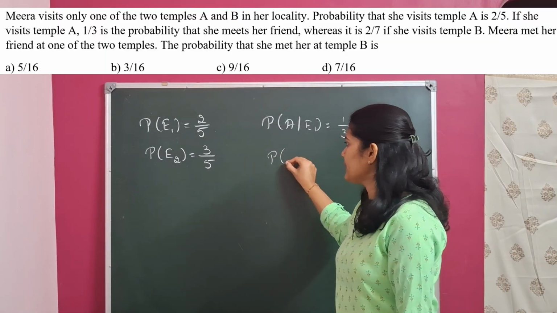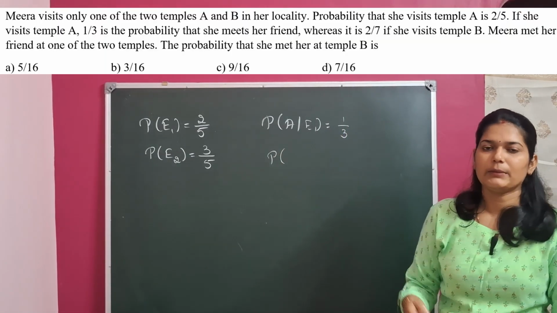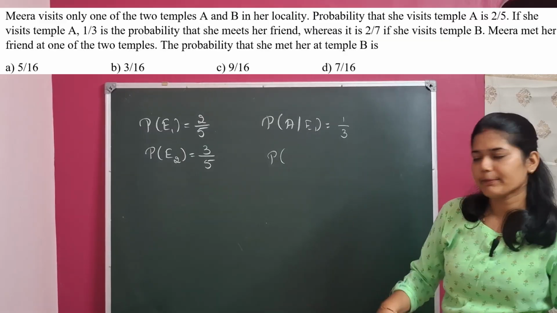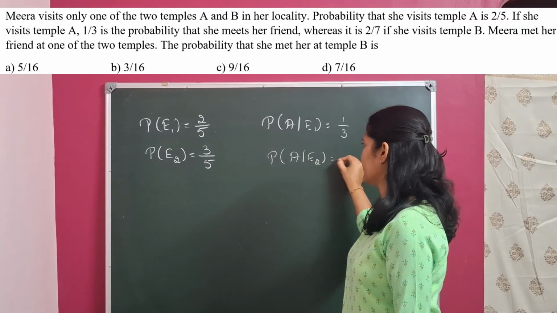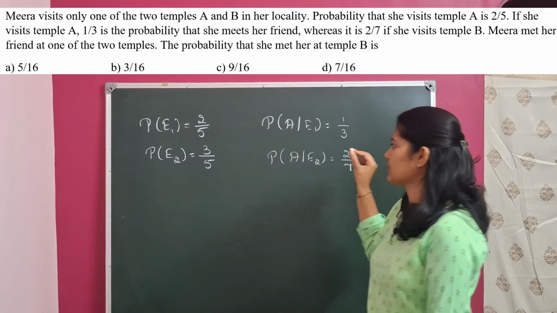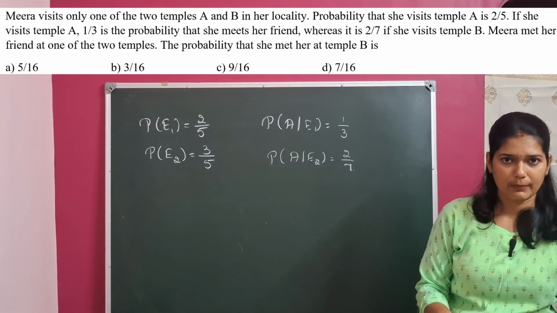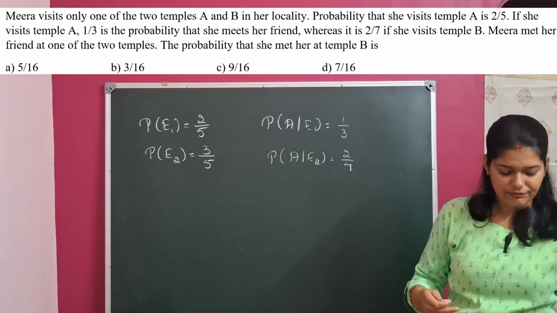Similarly, probability of Meera visits her friend in temple B, that is A given E2 is 2 by 7.